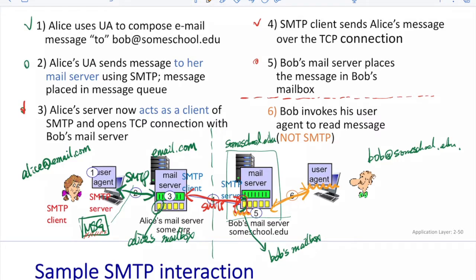That is, Bob invokes his user agent to retrieve the message and read it at his own PC or smartphone. But you have to notice that that is not SMTP.